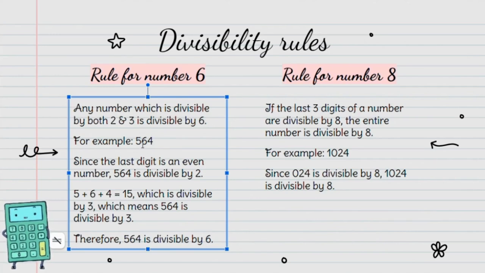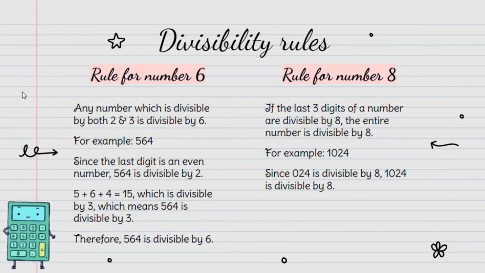Then you have to add each digit of the number, which gives us 15. And since 15 is divisible by 3, that means 564 is divisible by 3. So you see we crossed off both the rules here. We checked for 2 and 3 and 564 met those requirements. So that means 564 is divisible by 6.